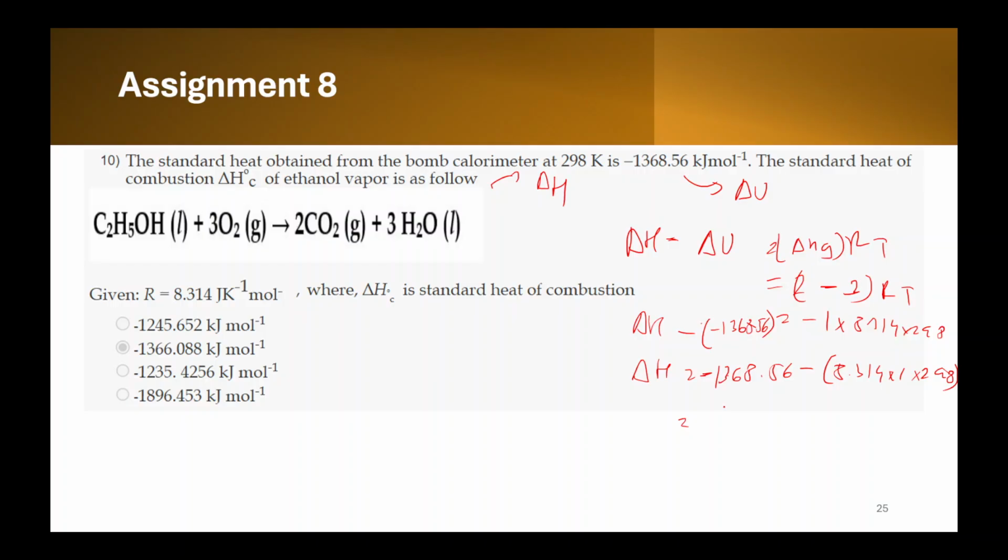Please mind you, this is in kilojoule per mole. So we need to divide this by 1000 because this is in joule per mole per Kelvin. So you need to divide that by 1000. So sorry for that.